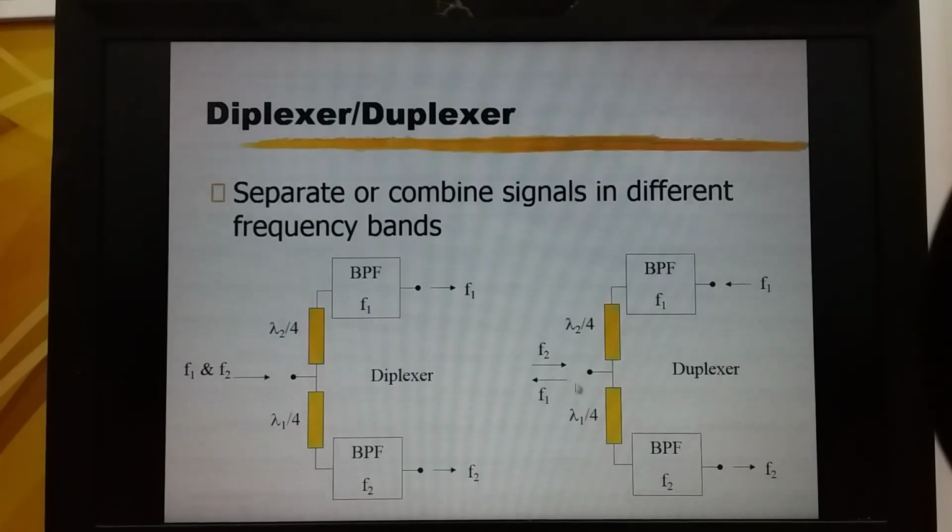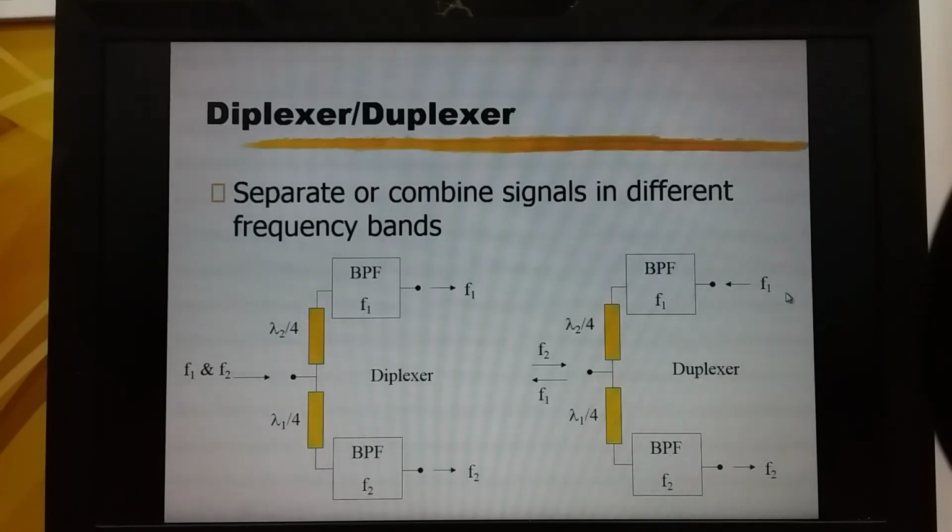In this case, we imagine this terminal is connected to an antenna to transmit and receive signal at the same time. The signal to be transmitted is F1 and the signal to receive is F2.